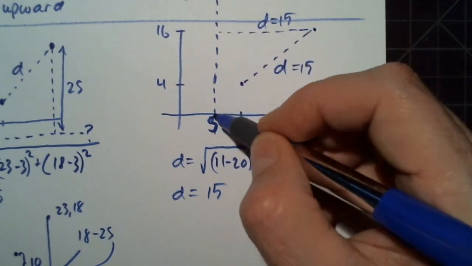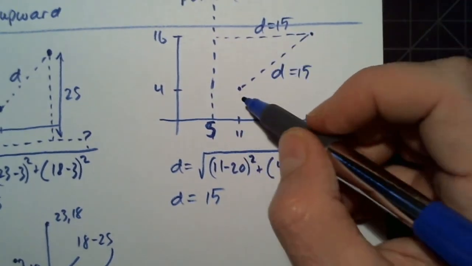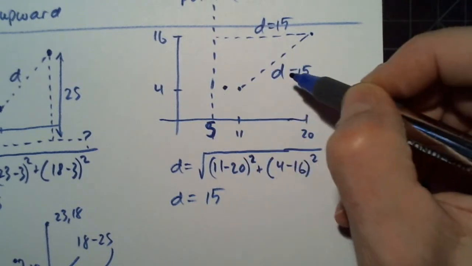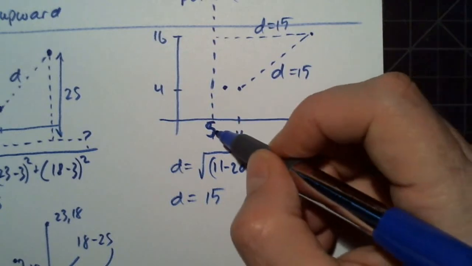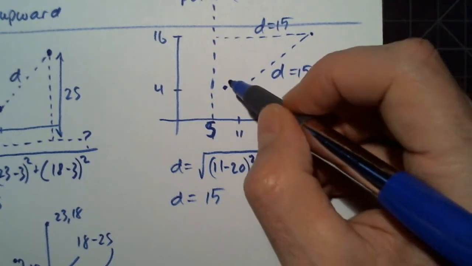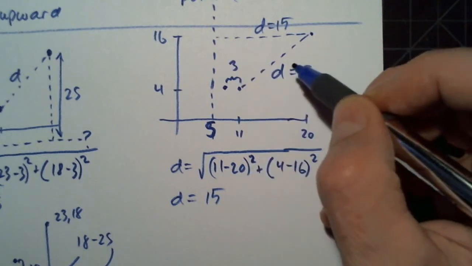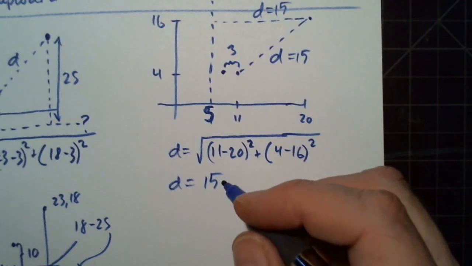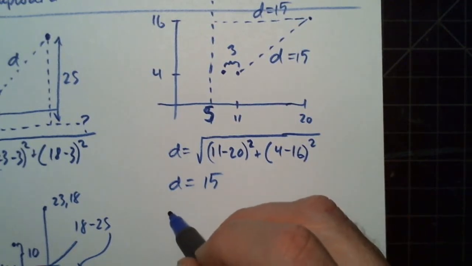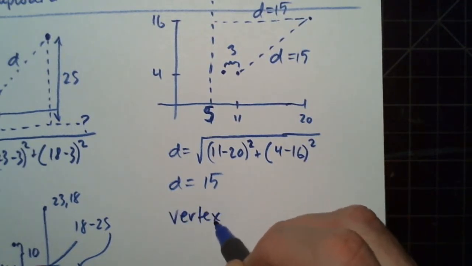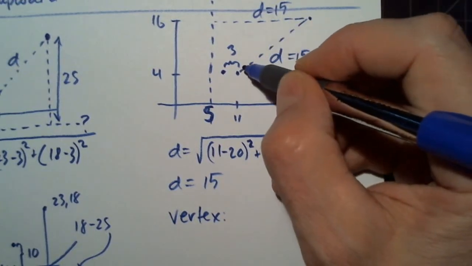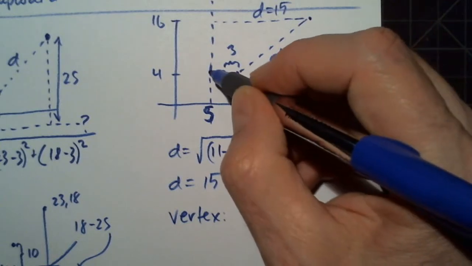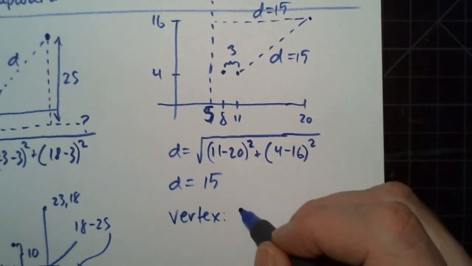And we know that the directrix is at x equals 5. If the focus is at 11 and the directrix is at 5, the vertex is halfway between there. This distance is 6, so that distance is 3, and we know where the vertex is. The vertex is 3 beyond 5 and 3 before 11, so it's at (8, 4).